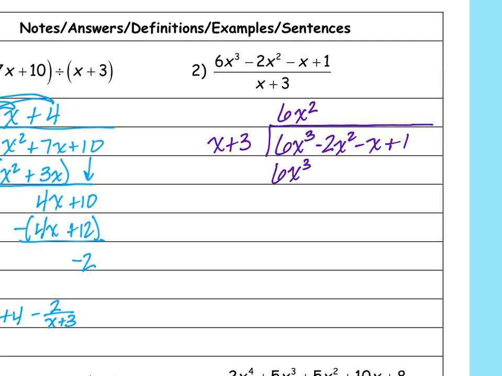And then 6x squared times 3 is 18x squared. And then I'm going to subtract that. And I'm going to start getting some really ugly answers here, and it's okay. All right, so that makes a 0. And then negative 2x squared minus 18x squared is negative 20x squared minus x plus 1.